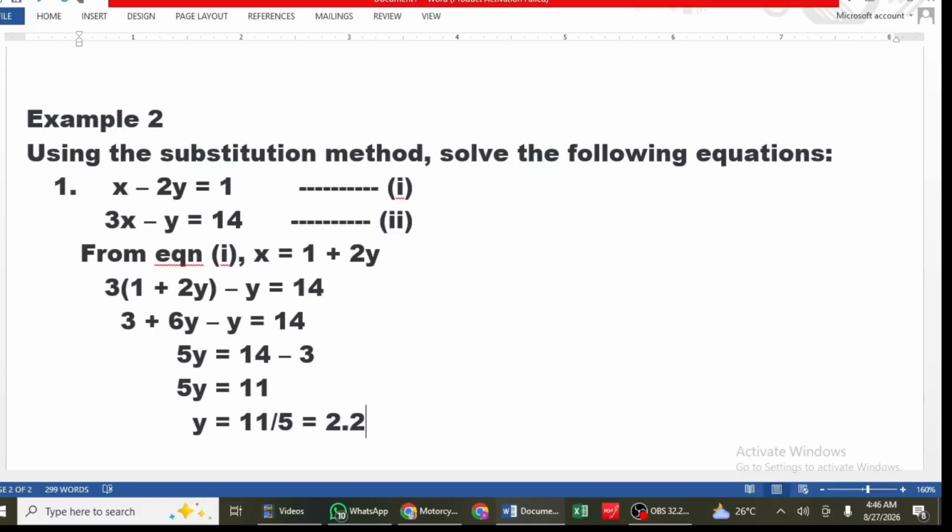And from there now, you will recall that we've already made s the subject of the formula. That is, s is equals to 1 plus 2y. Then you substitute for the value of y. Then you now say s is equals to 1 plus 2 into bracket the value of y, which is 2.2.